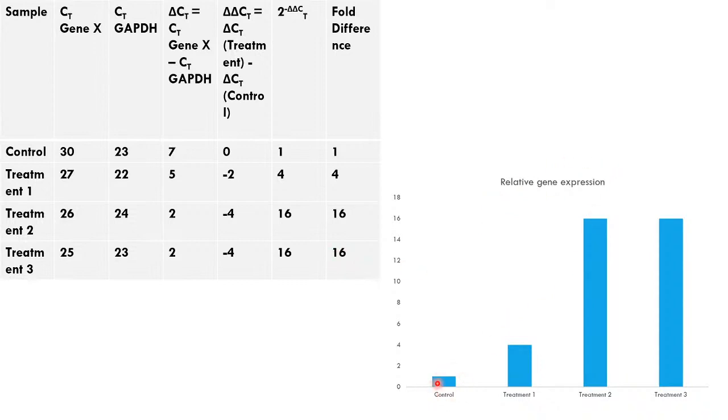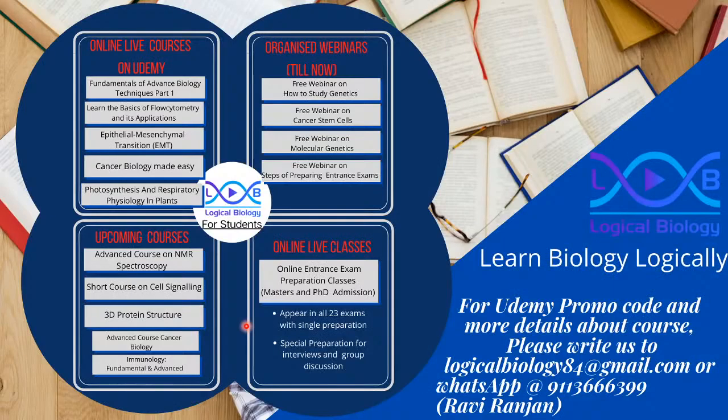In control the gene is expressing one time, in treatment 1 it is expressing 4 times, then 16 times, and then 16 times. If you have multiple samples, you can utilize this method in an Excel file, and you can easily calculate the delta CT, then delta delta CT, and then 2 to the power minus delta delta CT, which is actually equal to the fold difference of the gene expression.